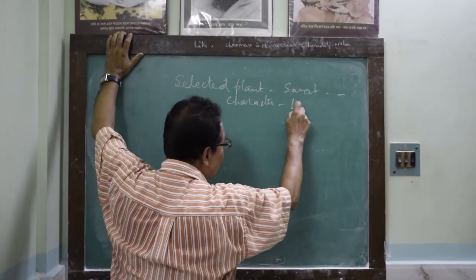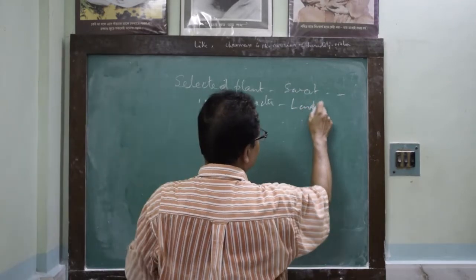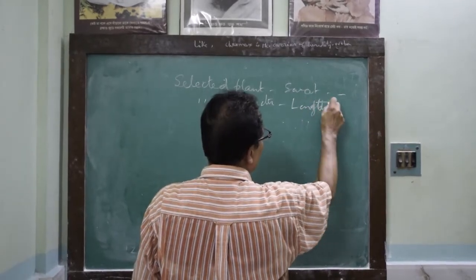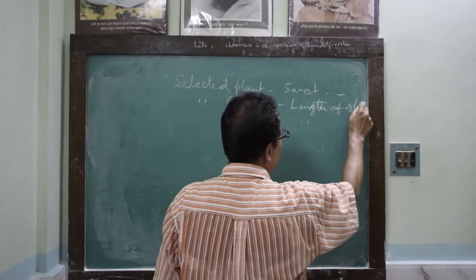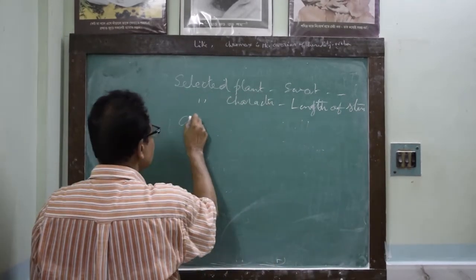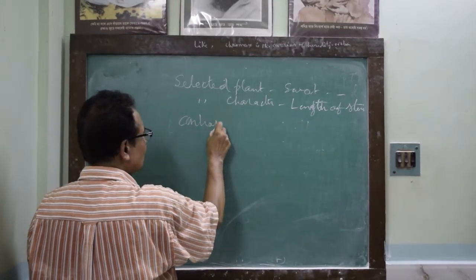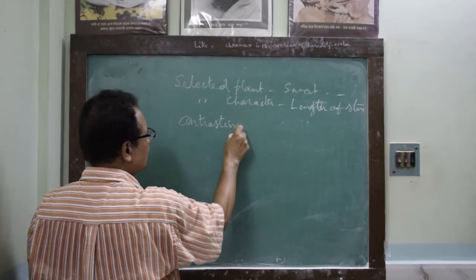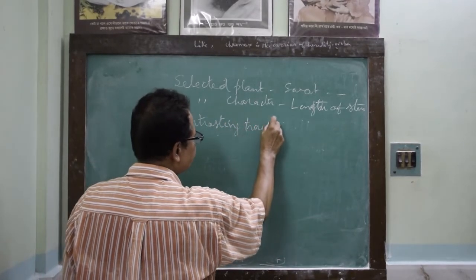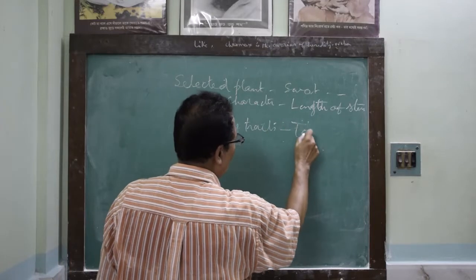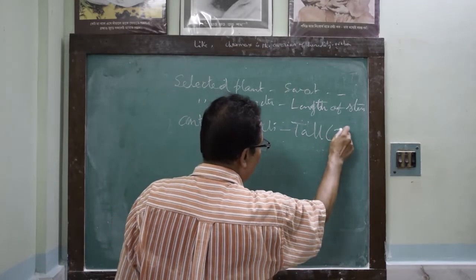the length of stem of pea plant. Contrasting traits: tall and dwarf.